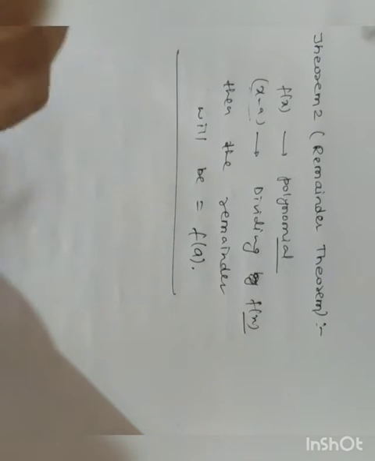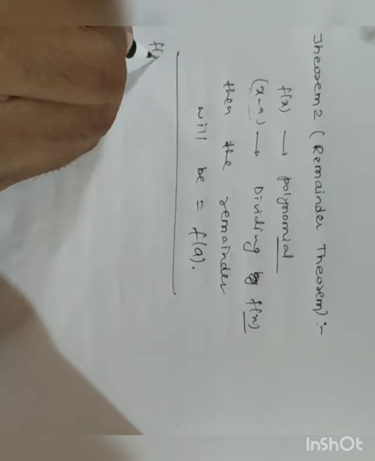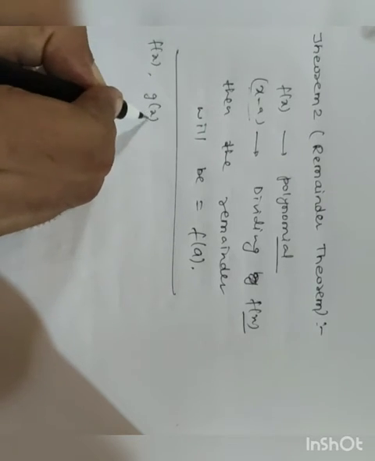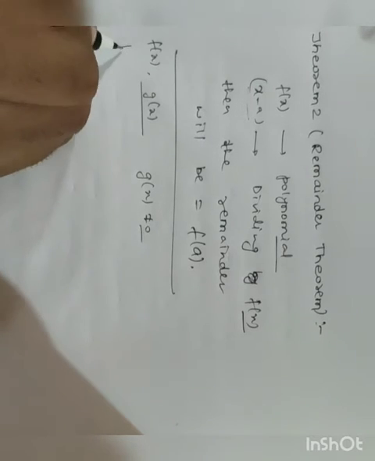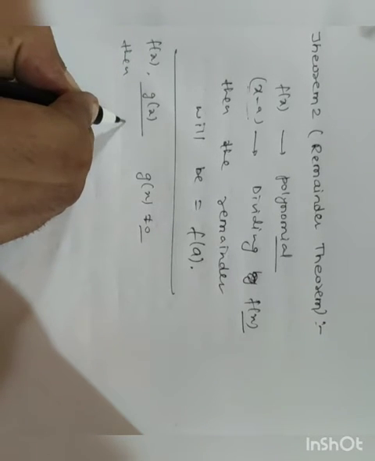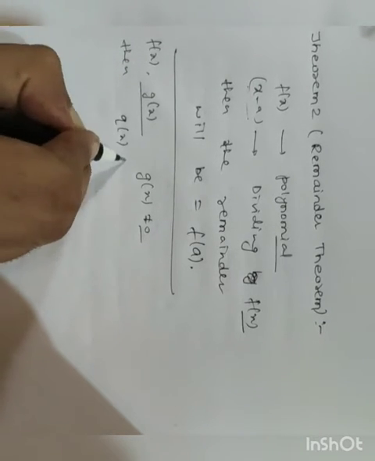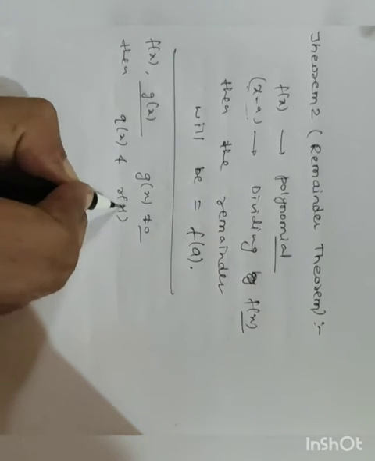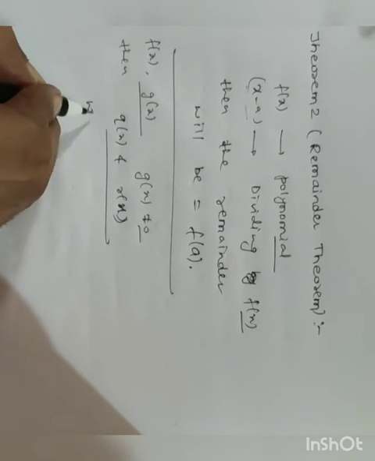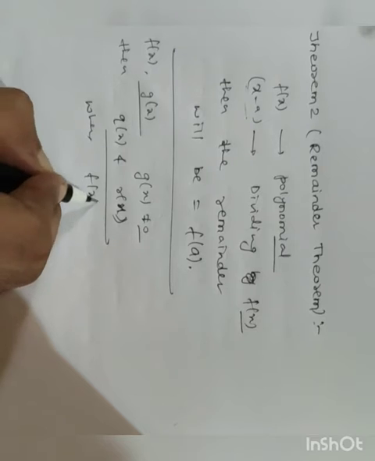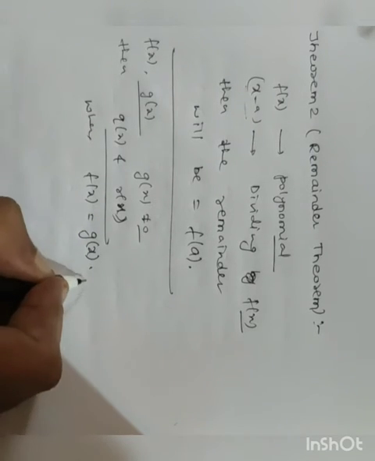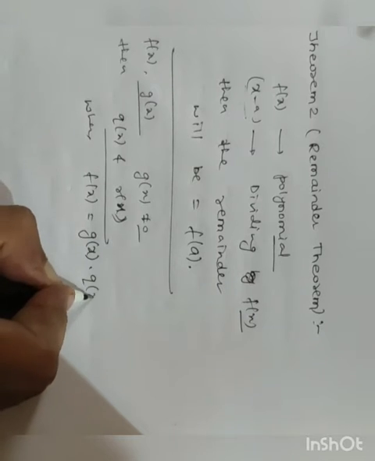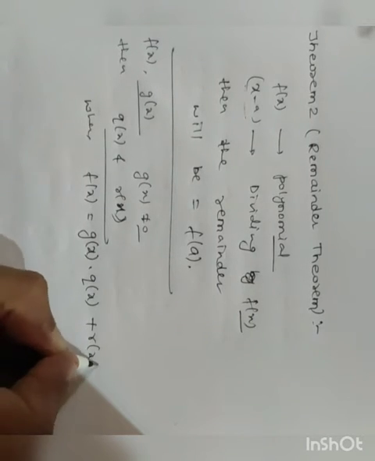From the division algorithm we know that if f(x) and g(x) are two polynomials such that g(x) is non-zero, then there exist two unique polynomials q(x) and r(x) where we can represent f(x) equals g(x) times q(x) plus r(x).